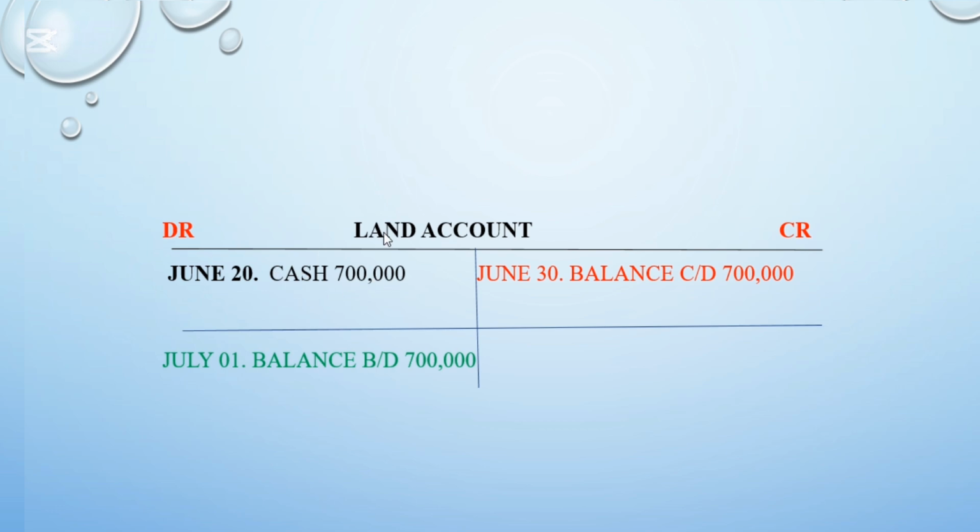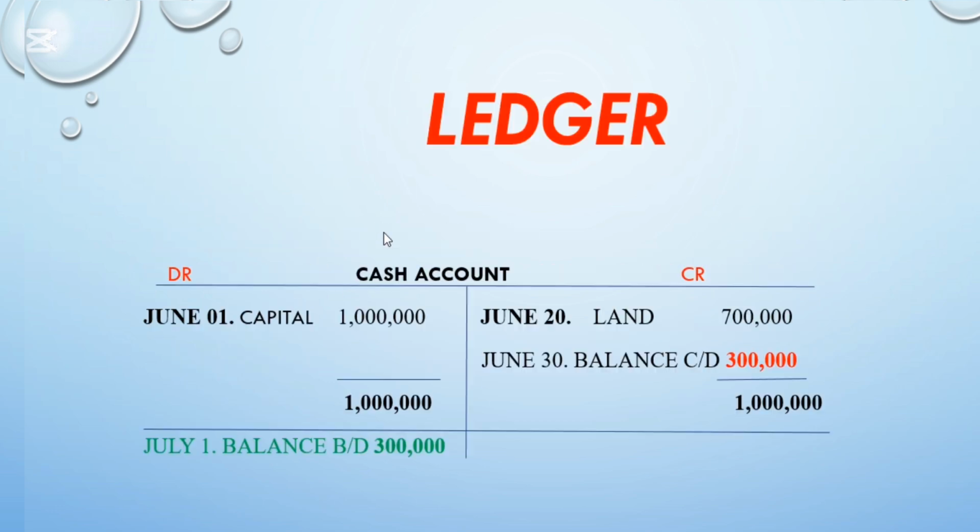In terms of land, we need to return to the cash account, and we see that the cash account has been reduced by 700,000 due to the fact that it was spent buying land. So the cash account now appears like this.